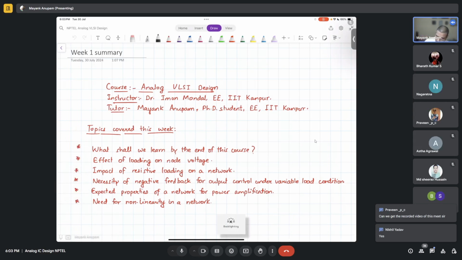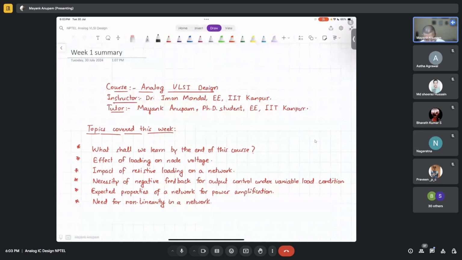So again, let me say what I wanted to say. The course name is Analog VLSI Design. It is a slightly advanced version of any course that you will have on circuits, wherein you will start learning how to make IC components, basically integrated circuit components.